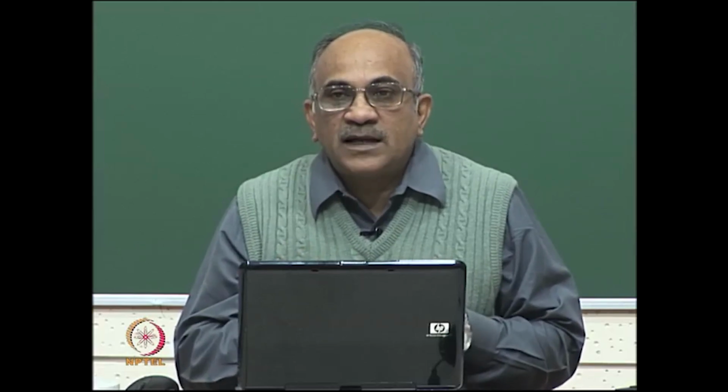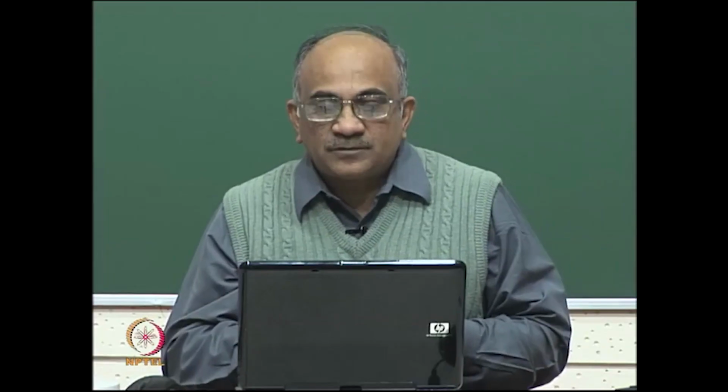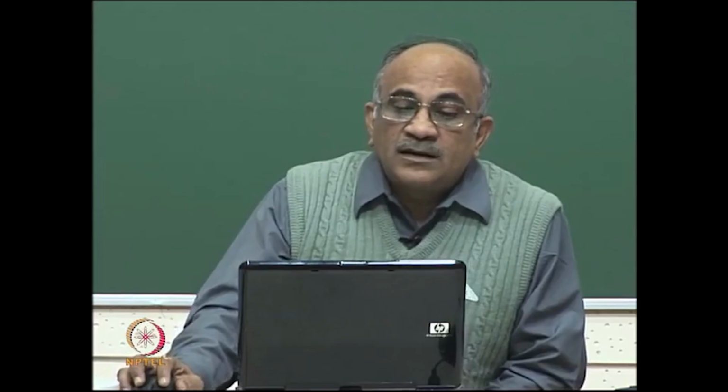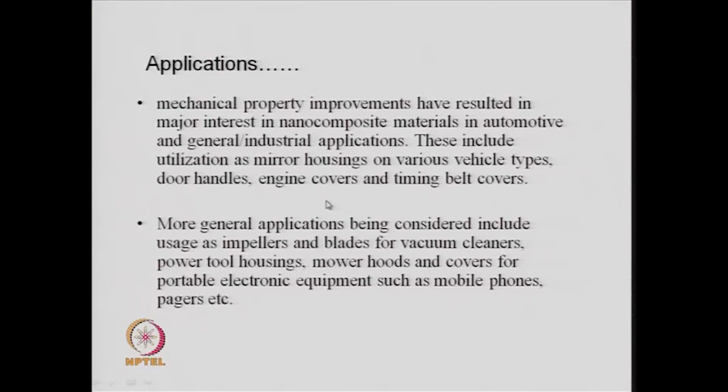So, that material is normally a nanocomposite in the better cars today, and those mirror housings, then door handles, engine covers and timing belt covers. Most of these people nowadays are using nanocomposites to make these materials in the automobile industry.